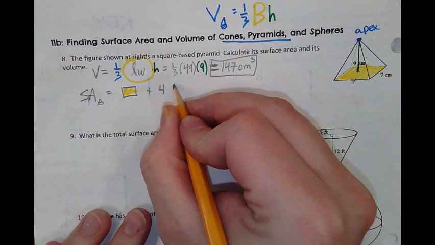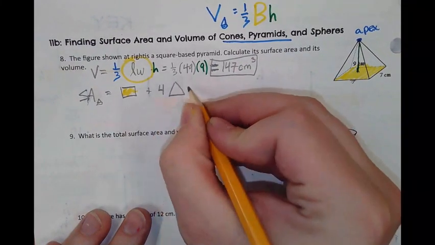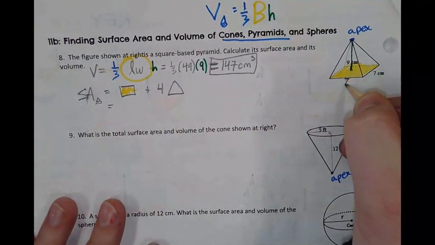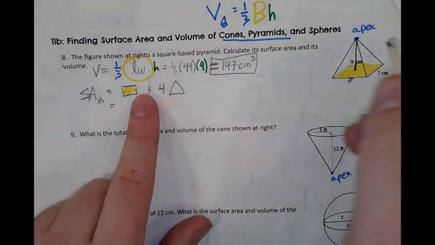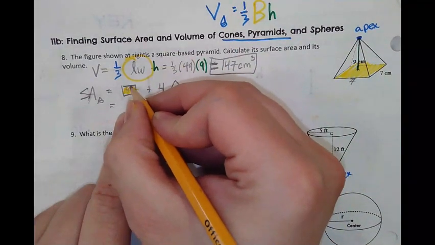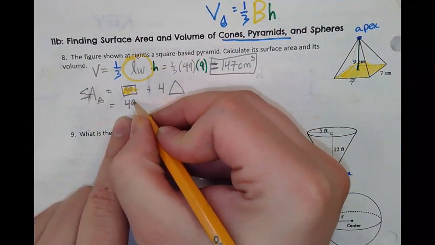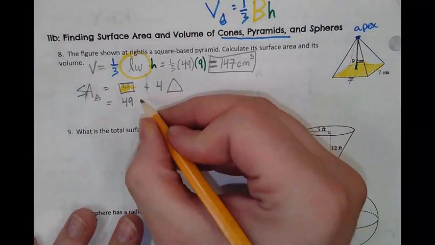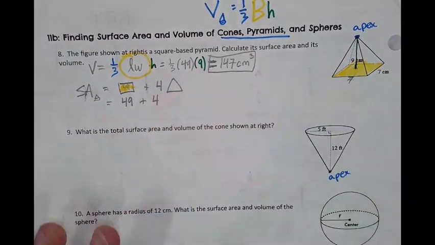So I'm going to label this as 4 triangles. So let's start off with the easy part. The area of that base shape is 49, since it's length times width. 7 times 7, 49. And then the area of one triangle.